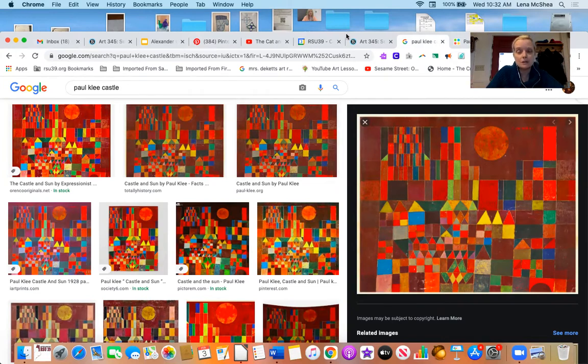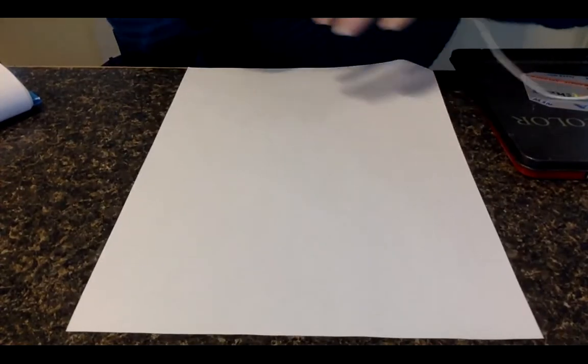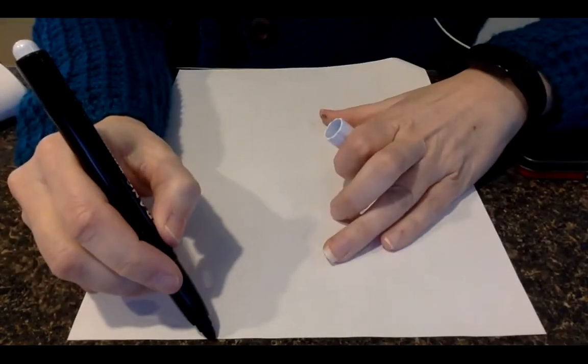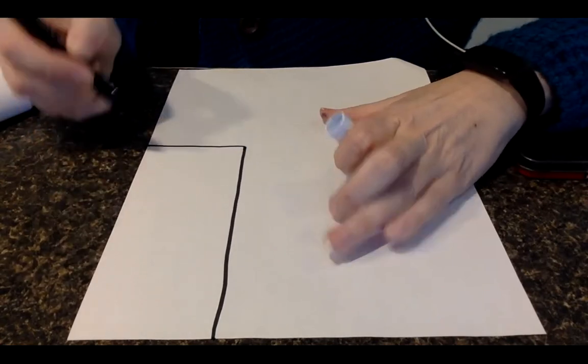So I'm going to stop sharing. What you're going to be doing today is you're going to need your drawing paper, and you're going to need your pouch. We're going to start by putting some rectangles on our paper. I'm going to divide my paper with rectangles, and you can make your rectangles different heights.